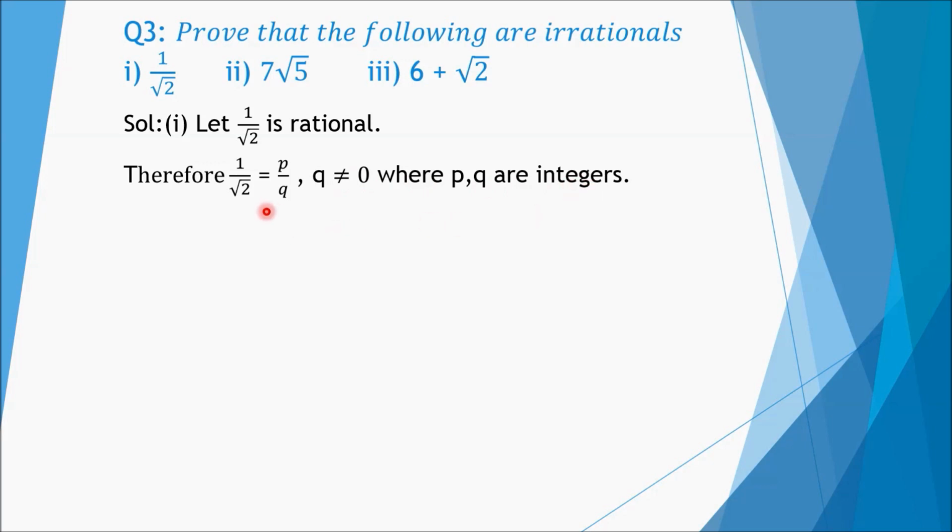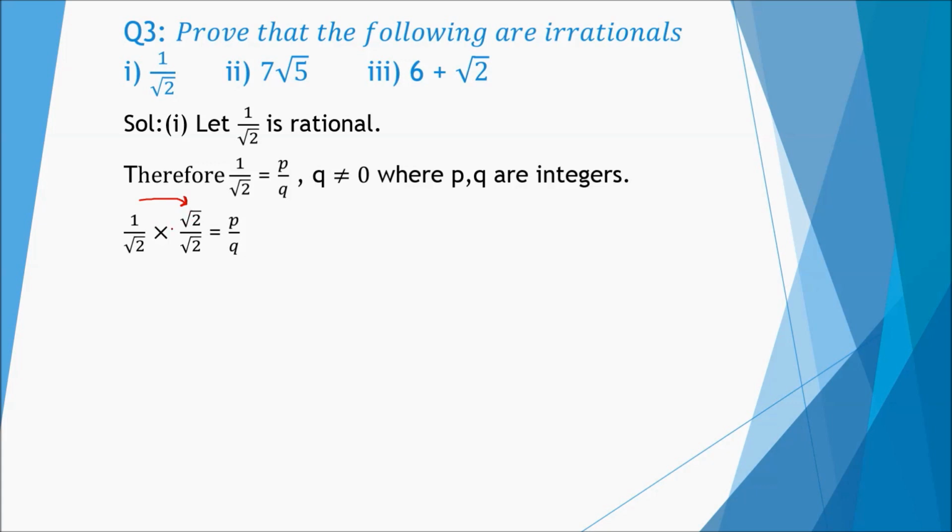And now we will rationalize this 1 over square root of 2. Why? Because we want the square root term to be in the numerator, not in the denominator.